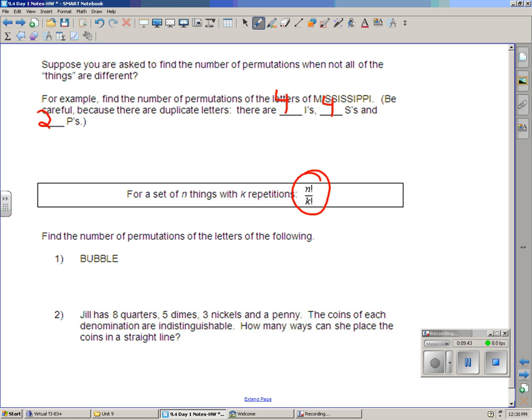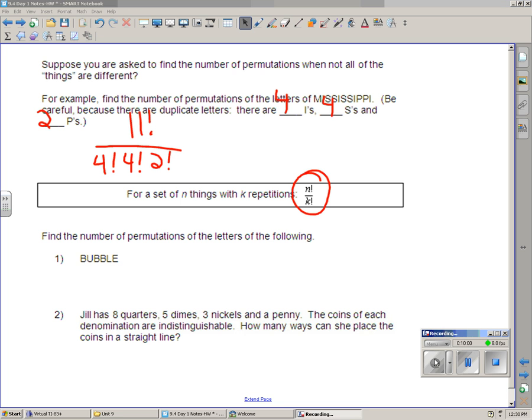So you're going to have 11 letters in Mississippi, 11 factorial, and the fact that there are 4 I's, 4 S's, and 2 P's. On the calculator, just make sure you put parentheses around your denominator so you get the right answer.